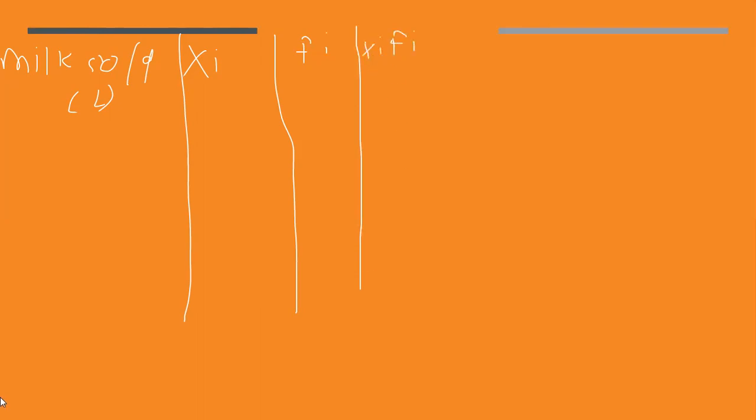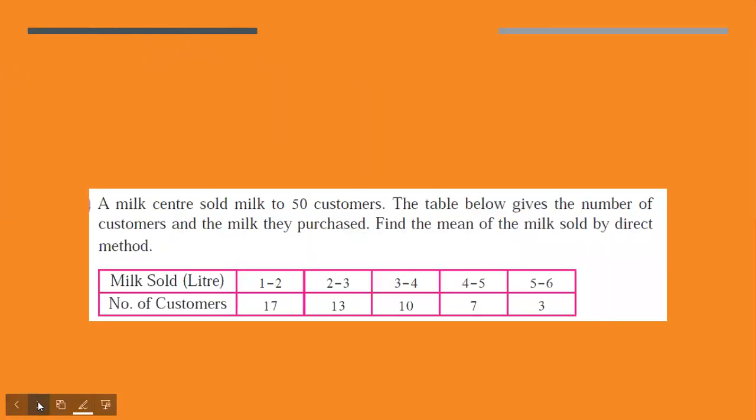And xi fi. So here we will write the milk sold data given to us: 1 to 2, 2 to 3, 3 to 4, 4 to 5, and further 5 to 6.